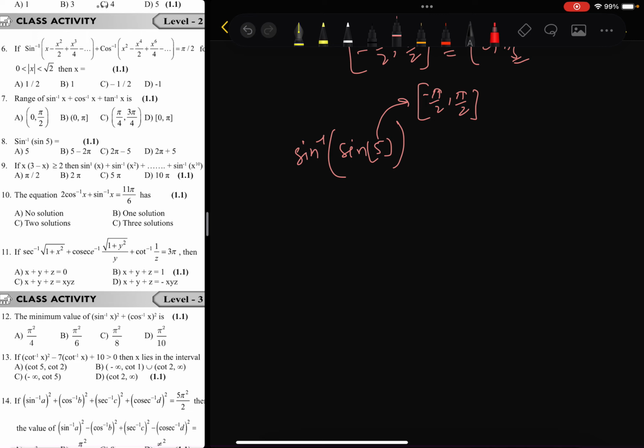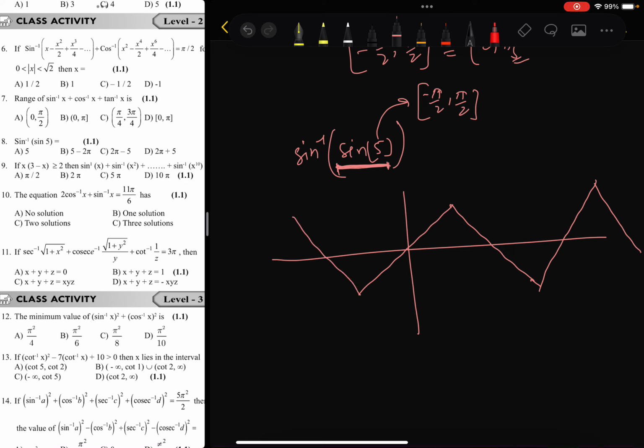So you can use the formula also, sine of pi minus something, sine of 2 pi minus something, or you can draw the graph. So the graph of sine inverse of sine x is this one, and this value is pi, this value is 2 pi.